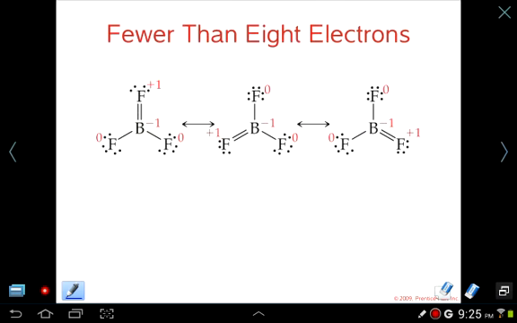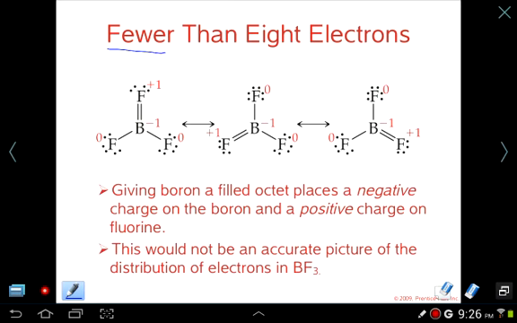The second exception are fewer than 8 electrons, and if you take a look, here we have an example where we have BF3, also another real molecule that nature produces, so we have to account for it. Now if you draw the structure of BF3 and then calculate the formal charges, what you'll see is that in all cases fluorine possesses a positive formal charge.